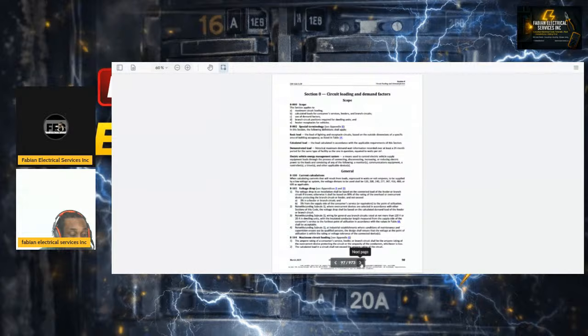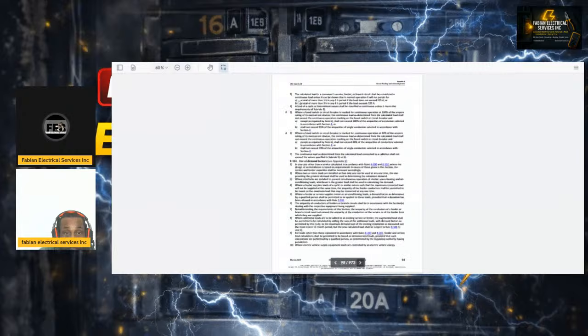It also goes on to say, number 3, of the Canadian Electrical Code Book. I'm working off of the 2024 Ontario Electrical Code Book.